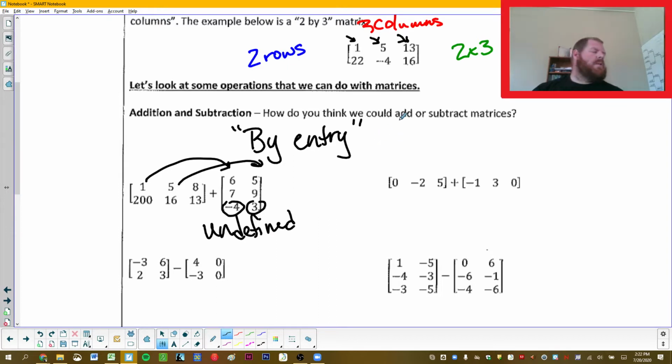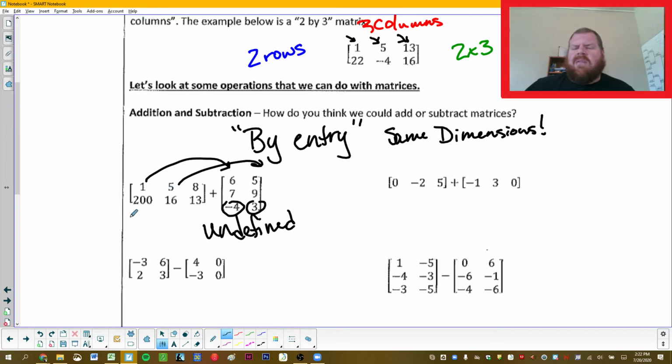So a requirement for addition and subtraction of matrices is that we have the same dimensions. We need the same dimensions.